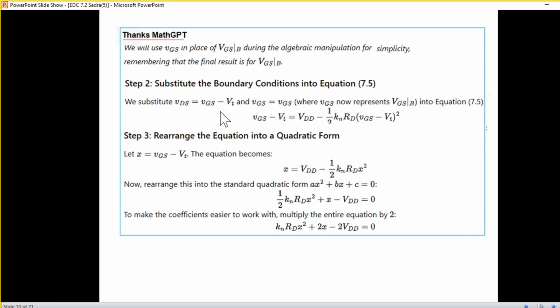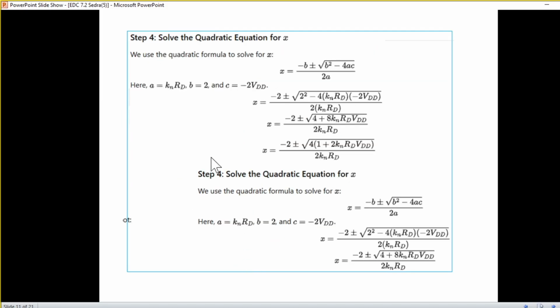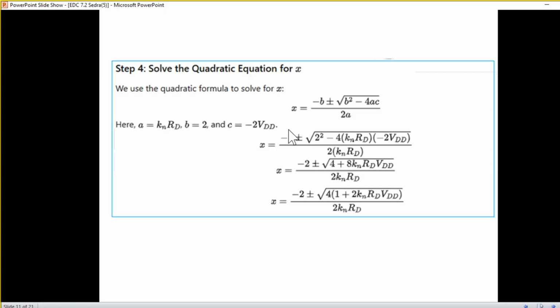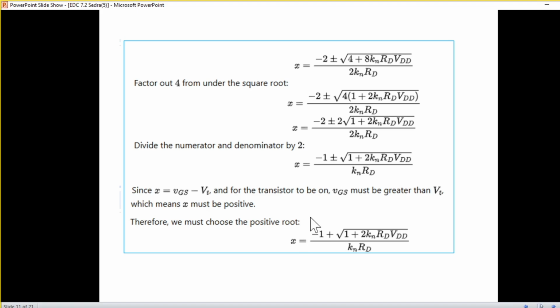Simply what they are doing is making some assumptions. This was the equation here. Now we're taking x equal to VGS minus VT. So the equation will be simplified, and solving and rearranging, and then further, there was a duplicate, which I have removed. Now this is the equation, and then further we just proceed from here.